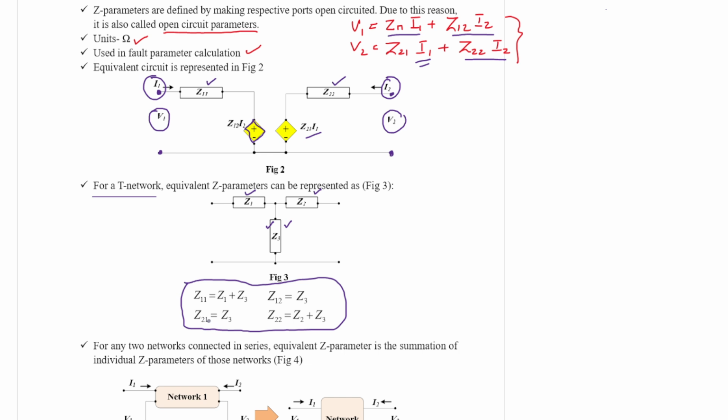So for example, if a T network is like this, 2 ohm, 5 ohm and 1 ohm, its Z parameters should be 2 plus 1 is 3, 1, 1, 5 plus 1 is 6. So the Z parameter matrix is 3 ohm, 1 ohm, 1 ohm, 6 ohm. So you can directly use this result.